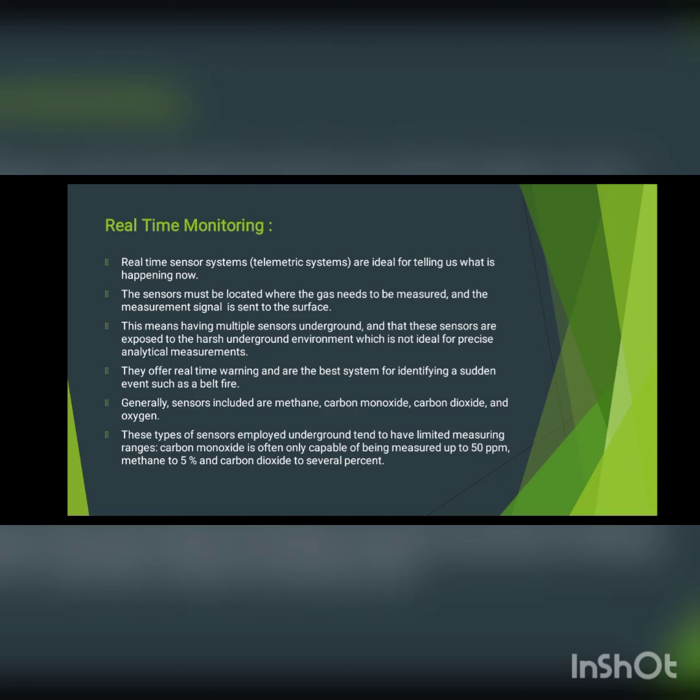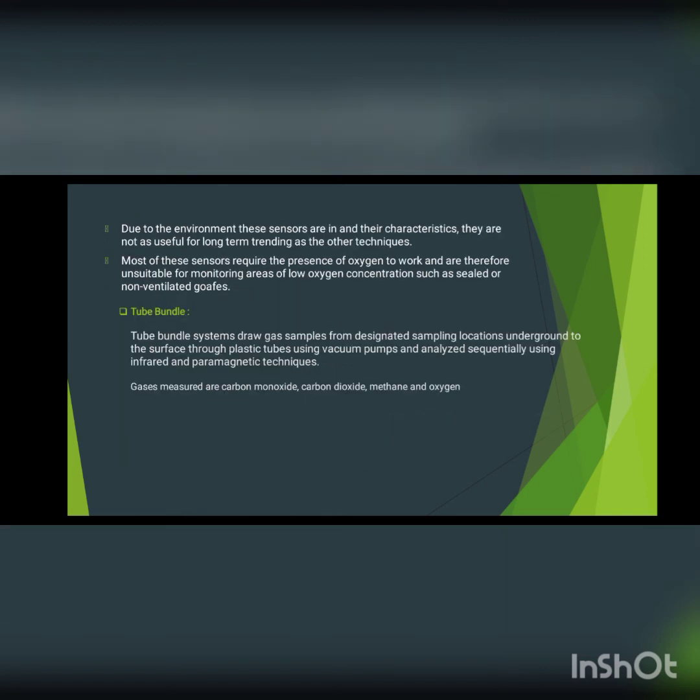Beyond that, it won't be able to measure. Methane can only be measured up to 5%, and carbon monoxide up to several percent. So they are also limited. They do not have supreme power to detect whatever we have in mind. They only detect to a certain extent.